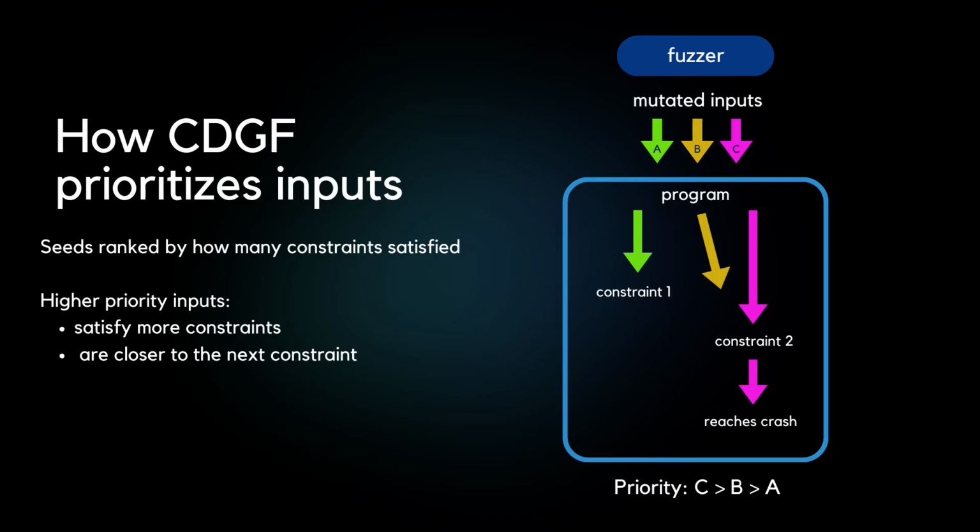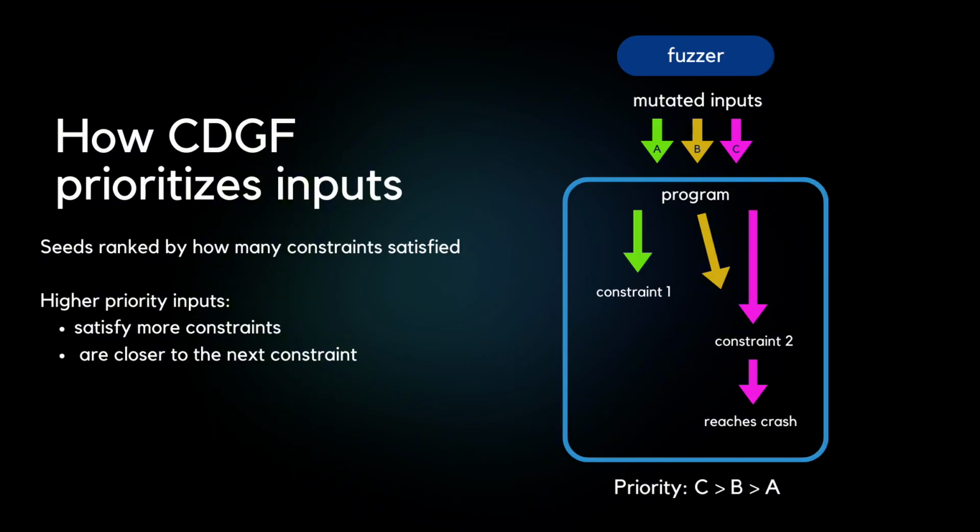For example, input A may satisfy the first constraint, input B may satisfy constraint 1 and is close to satisfying constraint 2. Finally, input C may reach both constraints and trigger the crash.